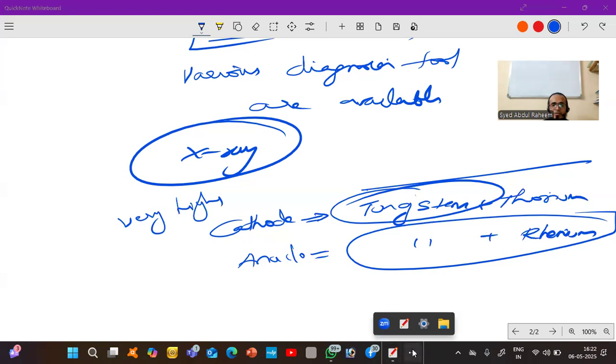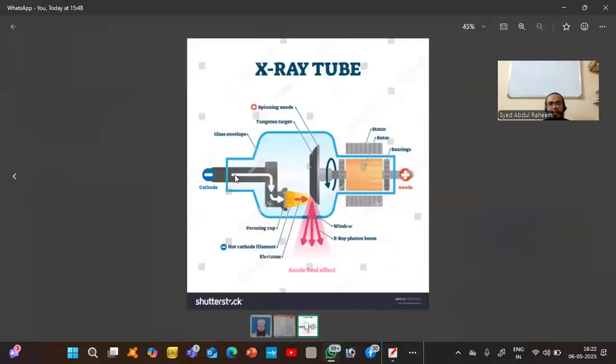Another thing we have to know is that whenever X-rays are passing through this tube, this target area is fixed. In some X-ray machines, the target area will rotate. Means the X-rays which are going onto the target area, due to the rotation, it will expand.